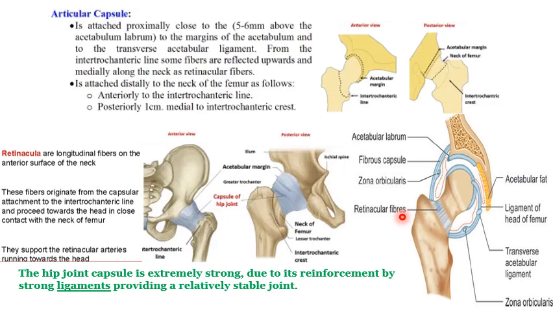And these support the arteries running towards the head, which are the retinacular arteries, branches from the medial circumflex femoral artery. And as the capsule also blends with the other surrounding ligaments, it becomes extremely strong, providing a very stable joint.